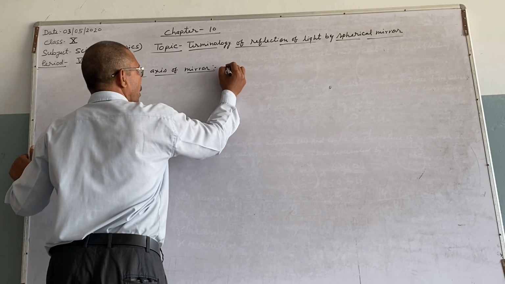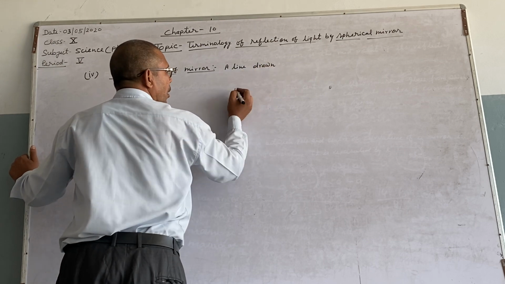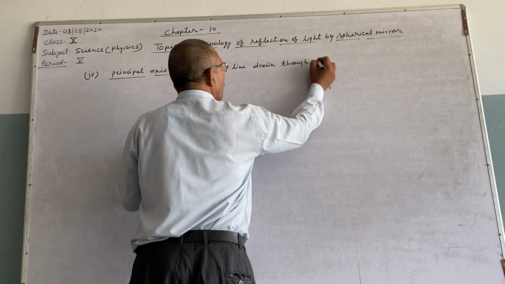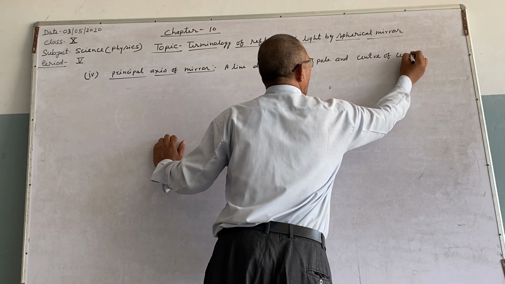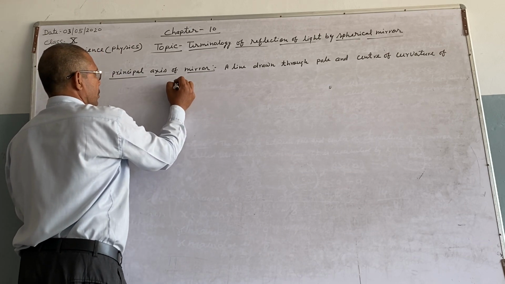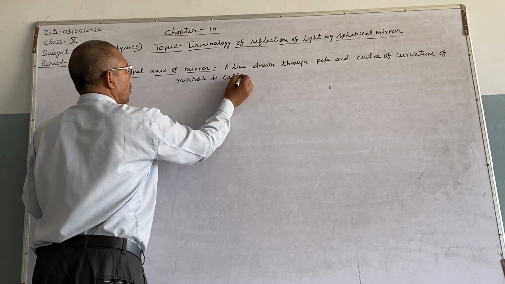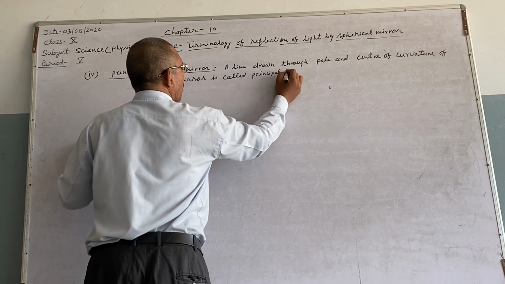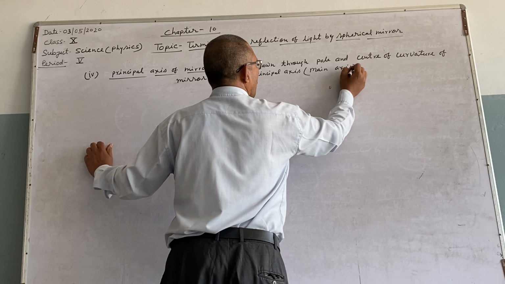A line drawn through pole and center of curvature of mirror is called principal axis. That is main axis of mirror.